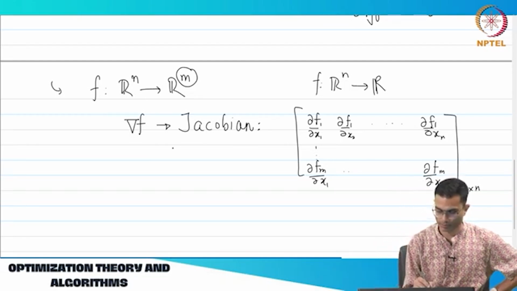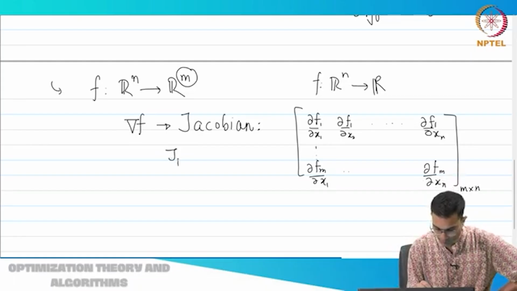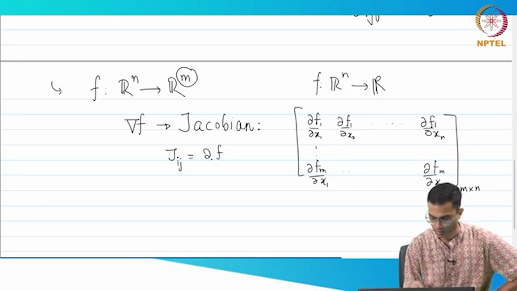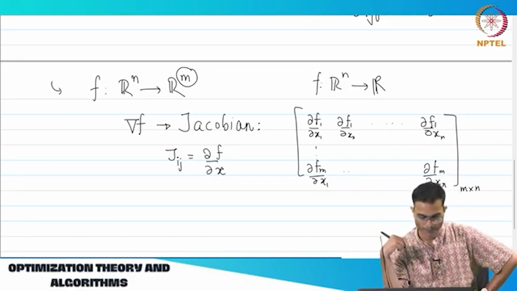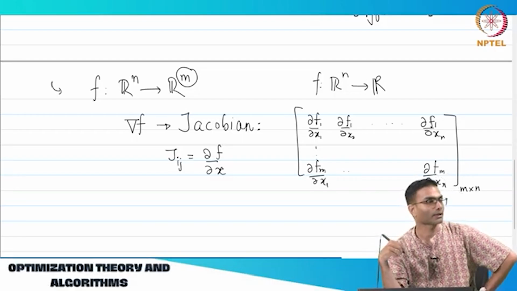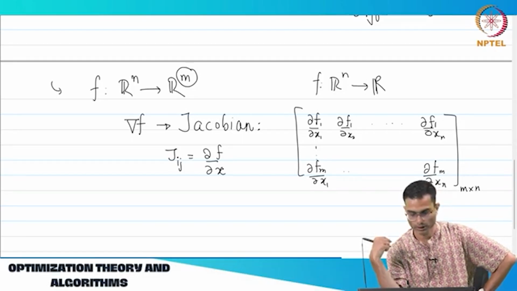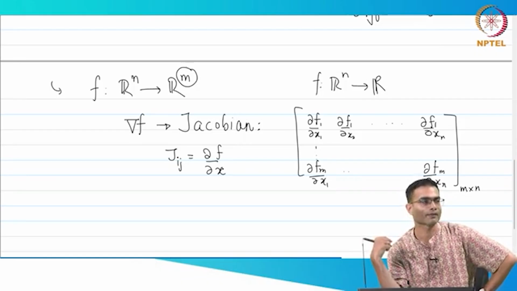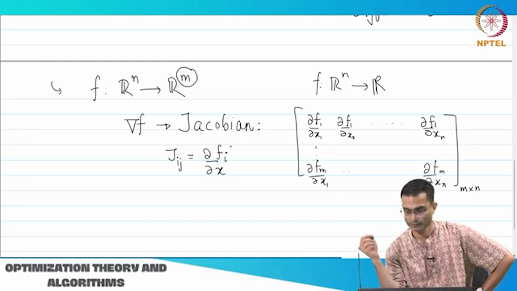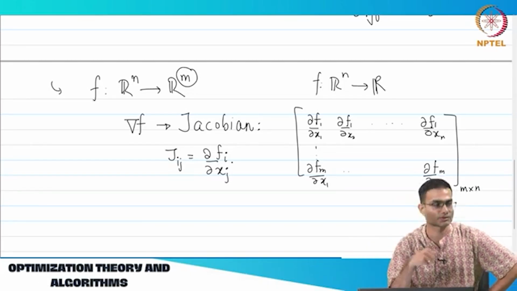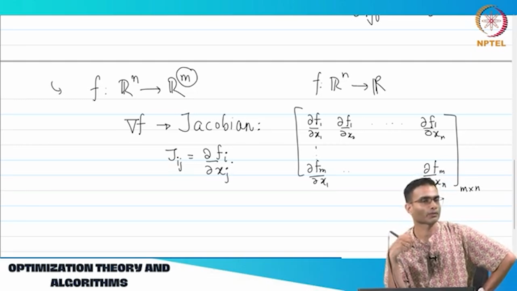Right? It's called the Jacobian. So J, in shorthand notation, what are the subscripts that I should put over here? The ith row will have F, I or J? I. And the jth column will have xj.